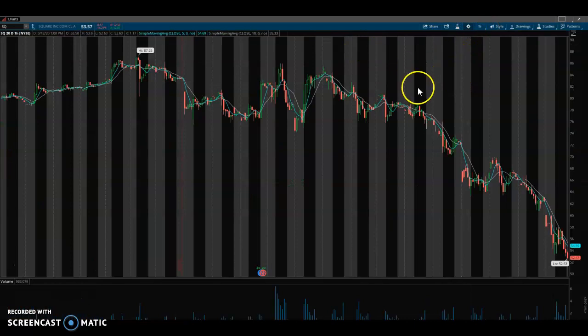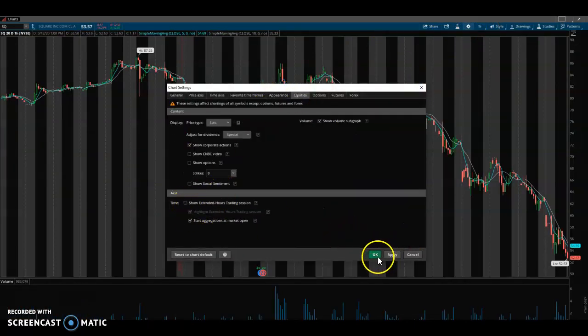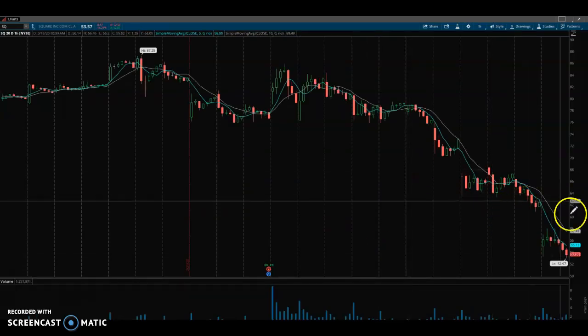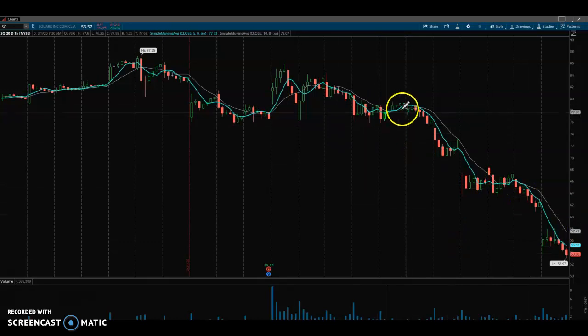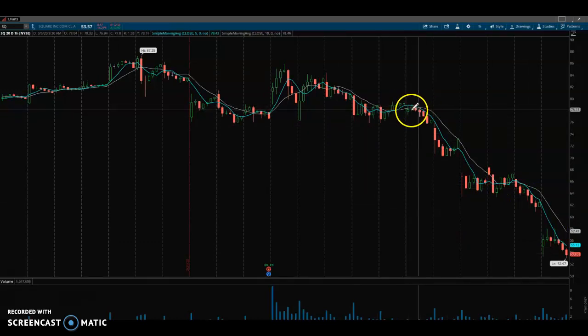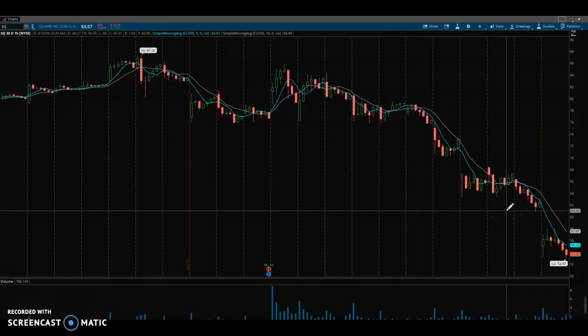What I like to do on the hourly chart is turn the after hours off, just to get rid of all the commotion. But you can swing it on the hourly chart as well. When the 5 crosses the 10 to the downside, you can even grab weekly puts or calls. I'm not really a huge fan of playing weekly options, but I will.